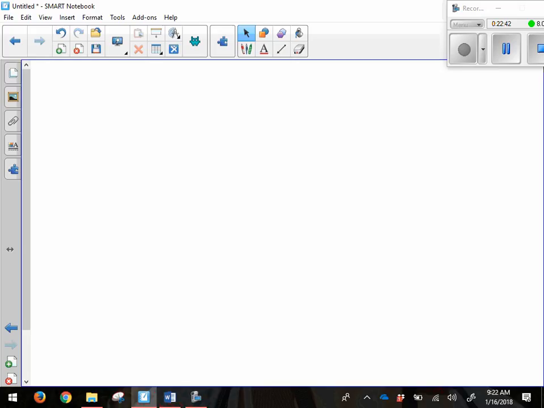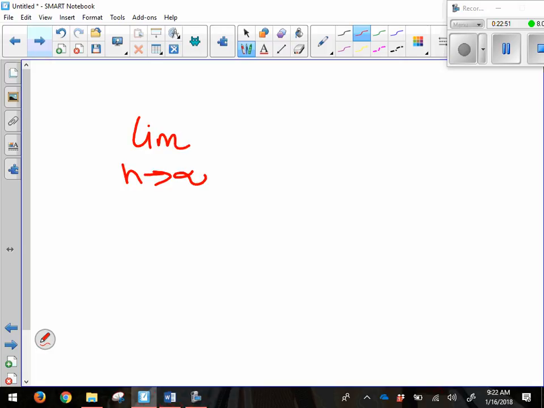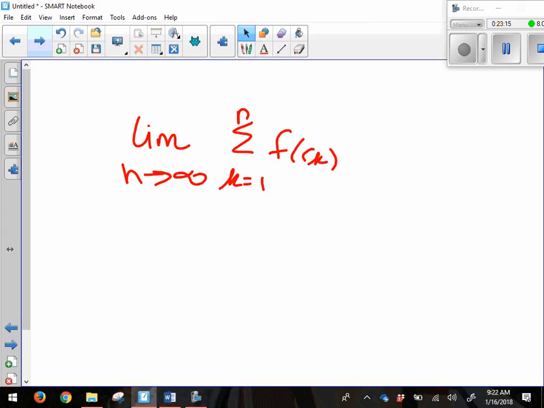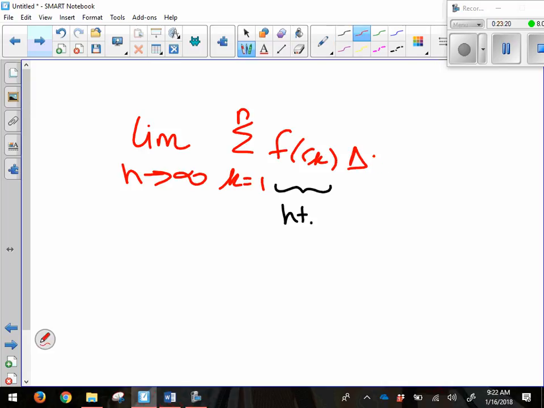So when we look at the definite integral of a continuous function on [a, b], what we're doing is taking the limit as n goes to infinity. What's n again? The number of subintervals. So if I take an infinite number of subintervals, each of which will be infinitesimally small, and you know how much I love to say that word, and I add all these up, and again, remember that f of c_k is just the height of my rectangle, and delta x is going to be the width of my rectangle.